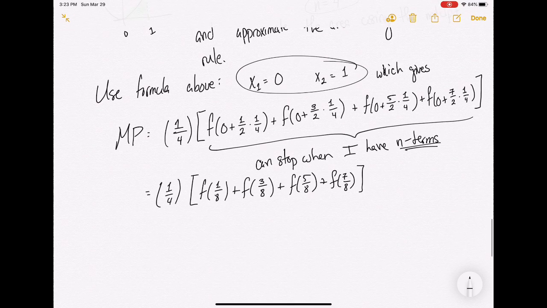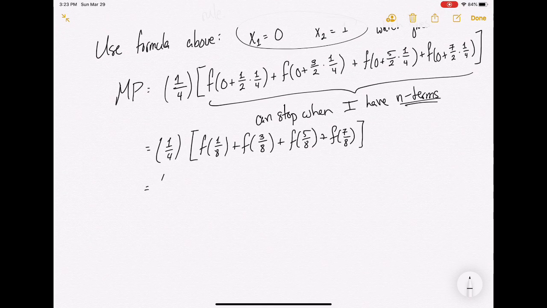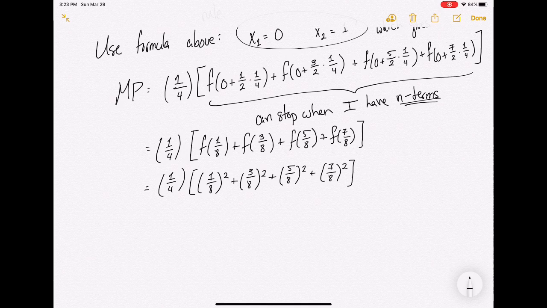So this is really 1/4 times 1/8 squared plus 3/8 squared plus 5/8 squared plus 7/8 squared. And I'm not going to waste your time calculating this out for you. The answer is 21 over 64. That's what you get as an approximate area.